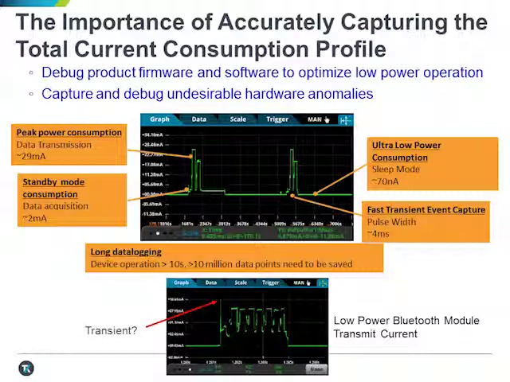A plot may uncover an unexpected and unwanted current draw, such as the spike shown on the lower plot. If that is a transient, can a hardware modification or a firmware modification eliminate or reduce the power it consumes? The more accurately you can capture your load current profile, the more valuable information you have.